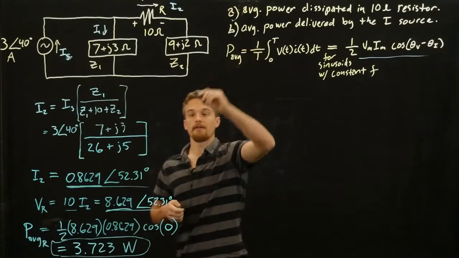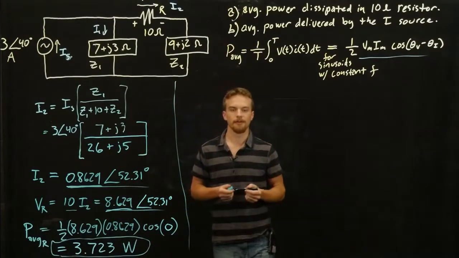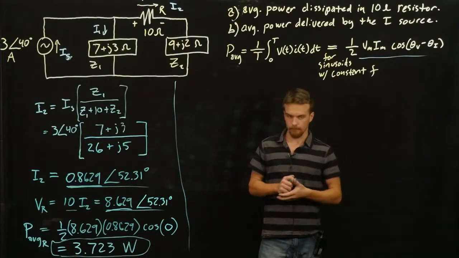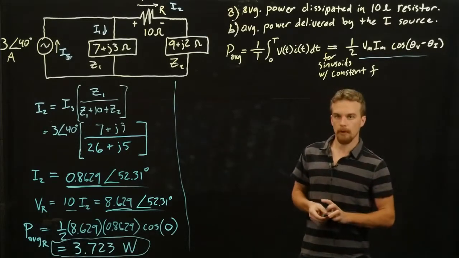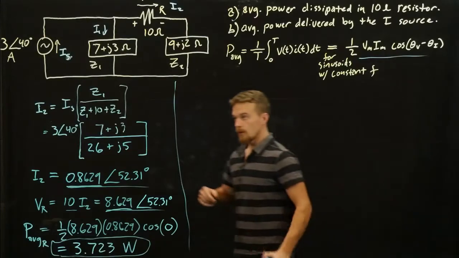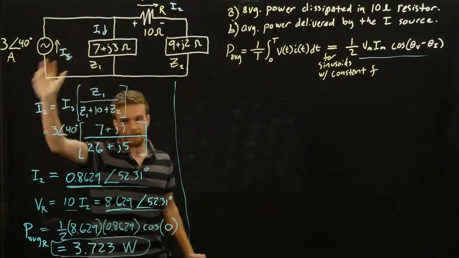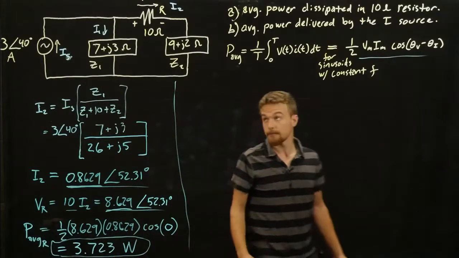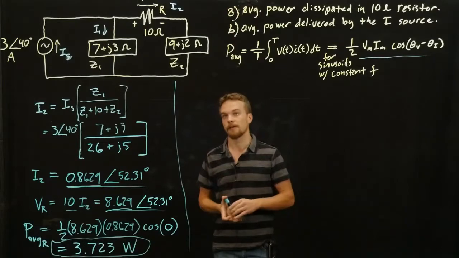We'll go to part B. We've got to find the average power delivered by the source. So what's a good way to go about doing that? We would need the current delivered by the source and the voltage across the source to get the power in it. What would be a good way to find the voltage across the source?